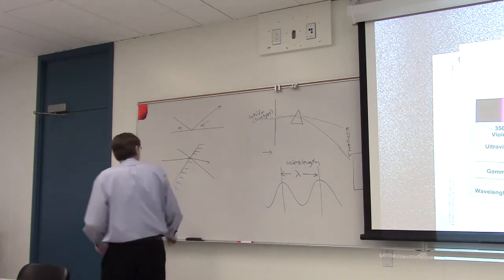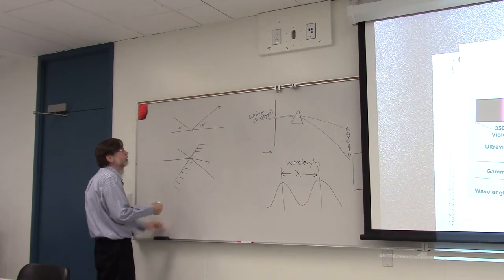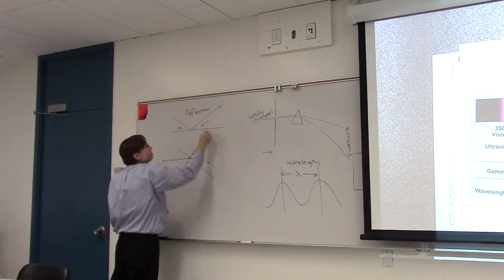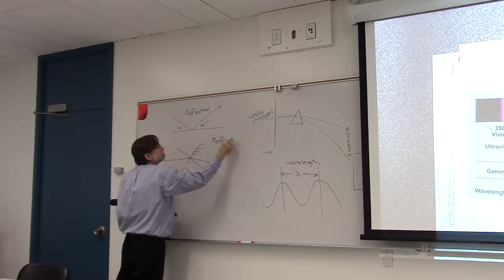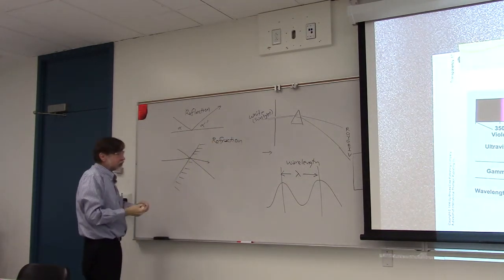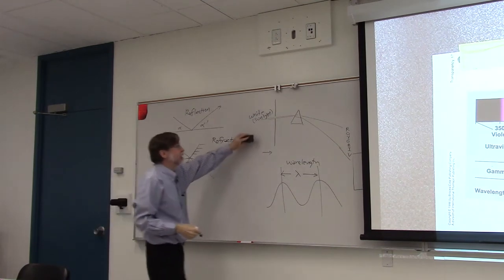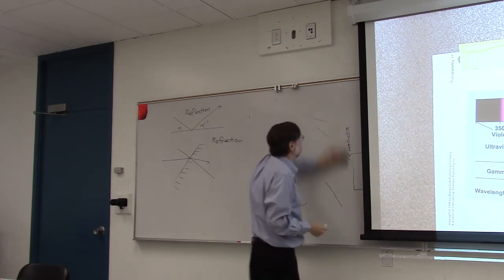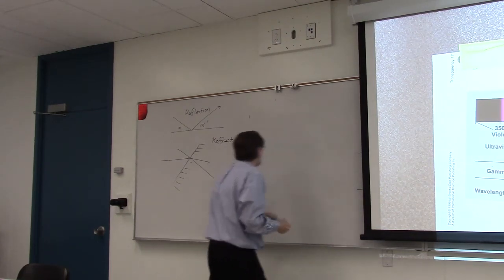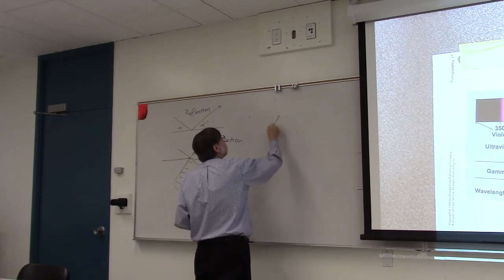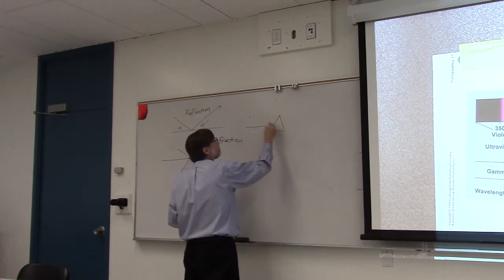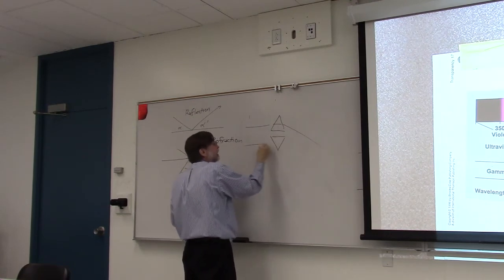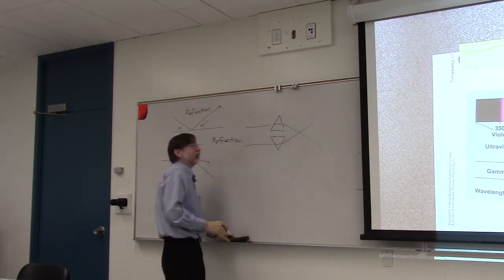All right, well, I guess I can add one other property of light. So this is reflection. This was refraction. We can talk about a lens. So if I had a prism with light coming this way, it's going to be refracted like that. If I had a prism pointed this way, light is going to strike it and go that way.